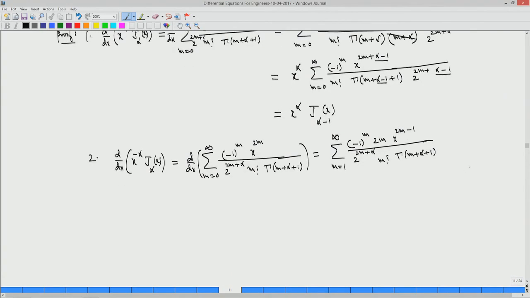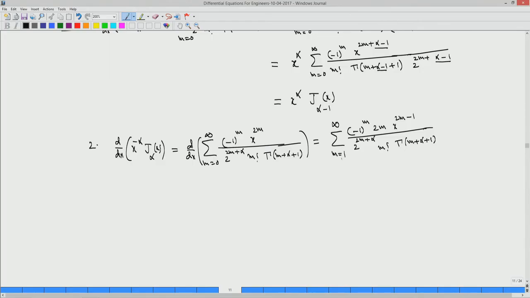So, this is it. If you change the index, you are done. For m equal to 0, if you differentiate, x power 0 is simply a constant. After differentiation it will go. So, you only have m equal to 1 onwards.